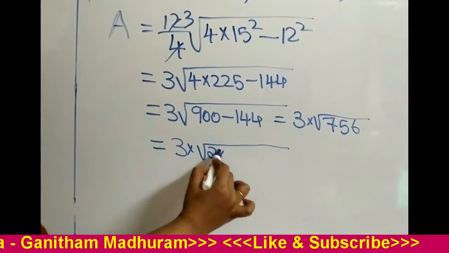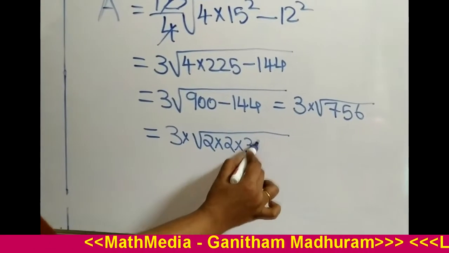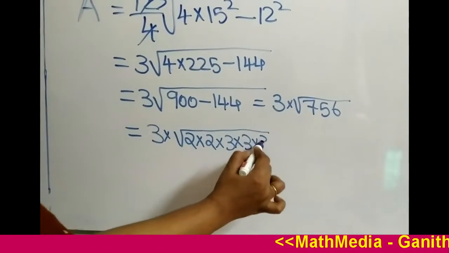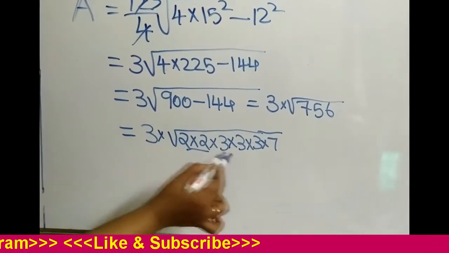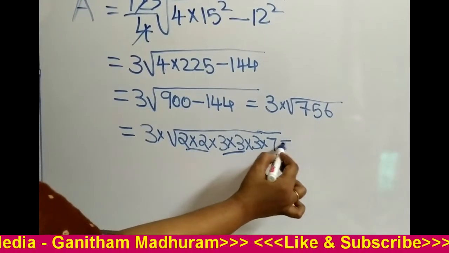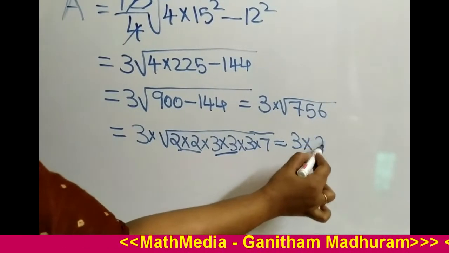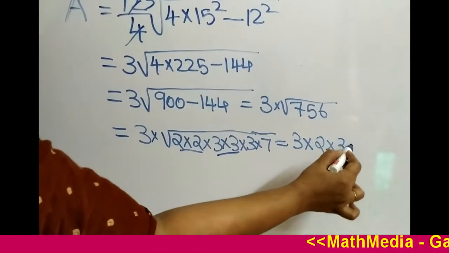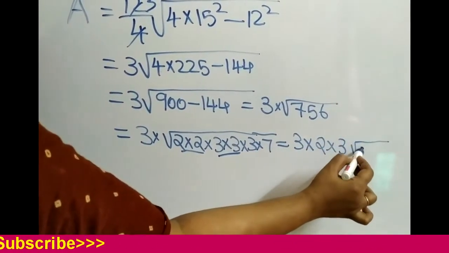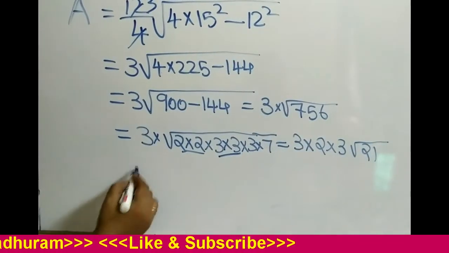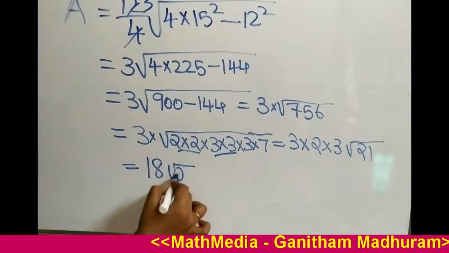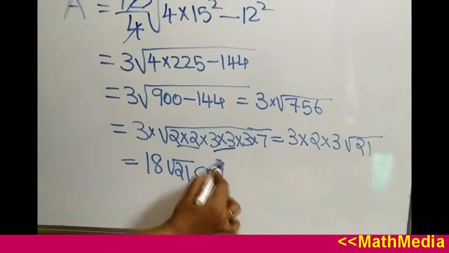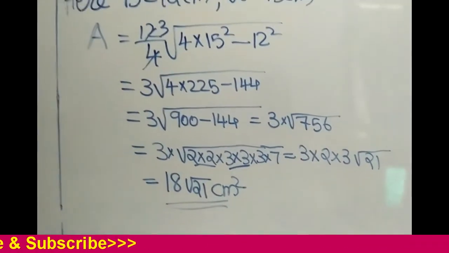From each pair we can take one number outside. So we get already 3 outside. From under the radical we can take 2 into 3 and inside the square root 21 will come. So while multiplying we get 18 root 21 centimeter square. So the area of an isosceles triangle is 18 root 21 centimeter square.